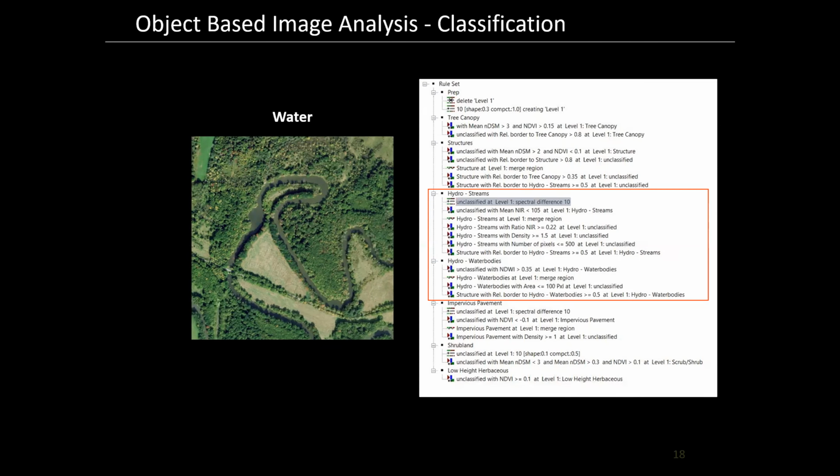I had some issues pulling out the water as one class, so I ended up breaking it into two different classes, where the streams and water bodies were separate from each other and then merged at the end to create a single water class. What we do know about water is it has a low near infrared value, low density value, and this is where I use the NDWI index to pull out high NDWI values to extract the water.